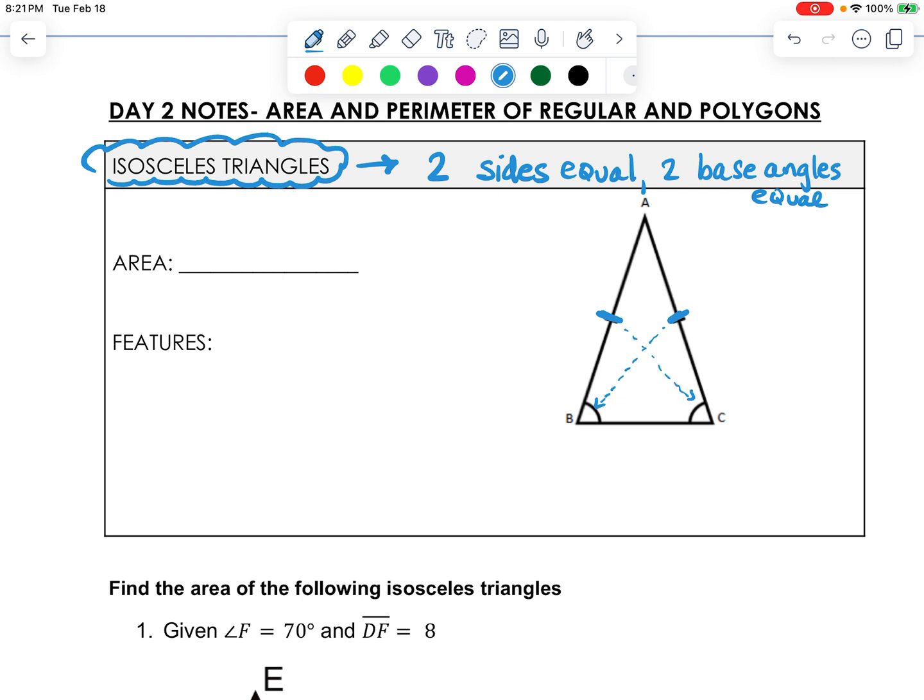Okay, now we know that an area of a triangle is base times height divided by 2. Everybody's tired of that. Where when we're in an isosceles triangle, this is going to be our base. But what I need you to do is draw in the height. Okay, and we can only do this for isosceles triangles.